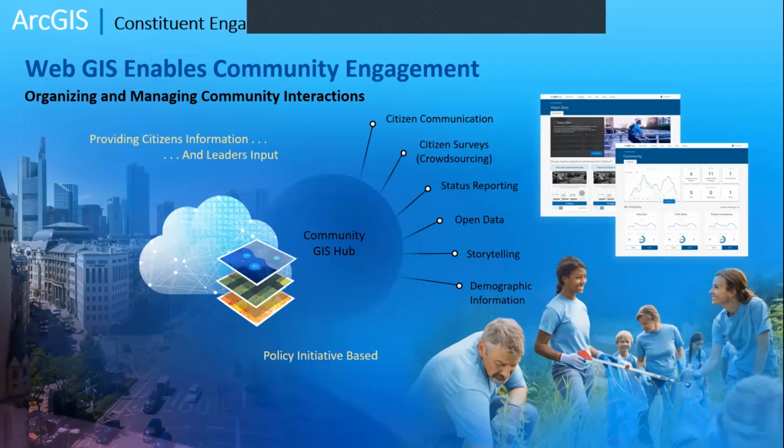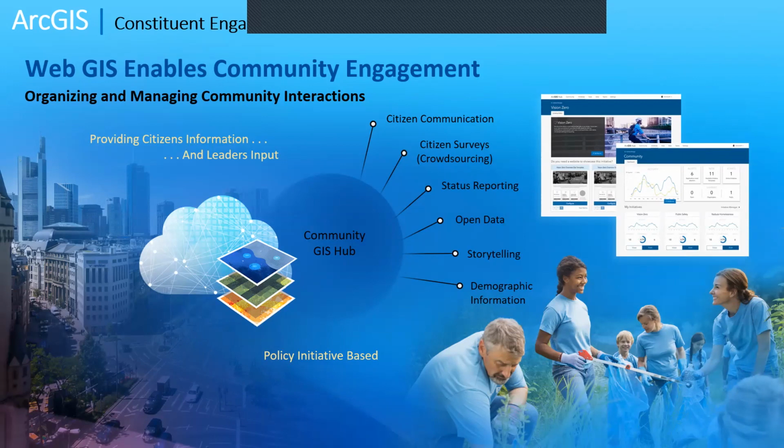It's organizing and managing all the little community interactions, like the work in the city of Los Angeles with something called a GIS Hub. And most of us know about the GIS Hub. It's making this very clear to us that citizens want more information about their city, and leaders, the managers, the mayors, they all want to hear from the citizens, and they want more input.